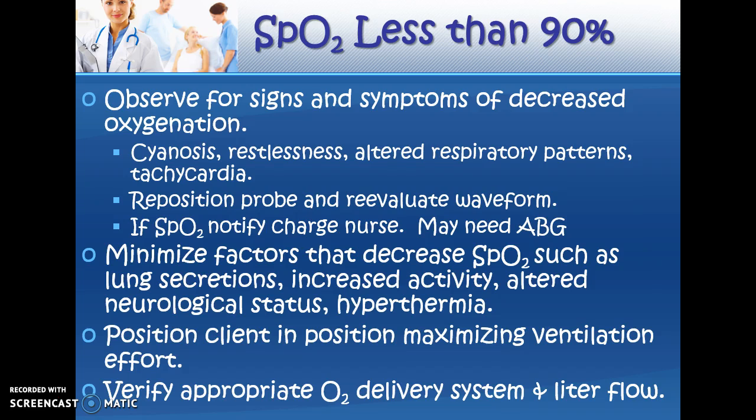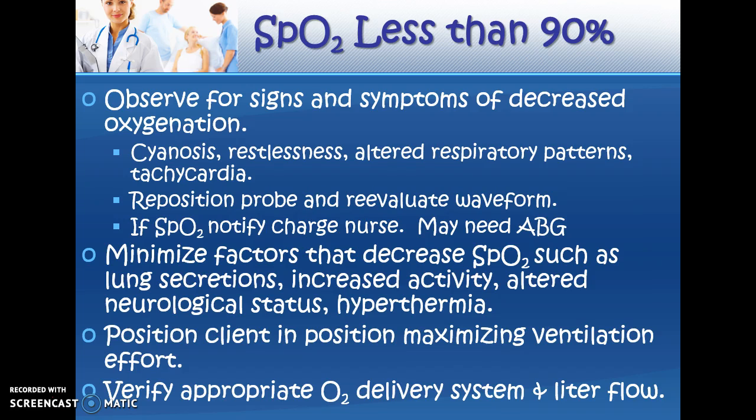If we see a decrease in the SpO2, if it's unacceptable, make sure you're notifying your charge nurse or whoever it is that you're reporting to, that we may have to actually draw arterial blood gases. They may be ordered to look at what's going on with that. We want to make sure we minimize factors that decrease SpO2, such as lung secretions.